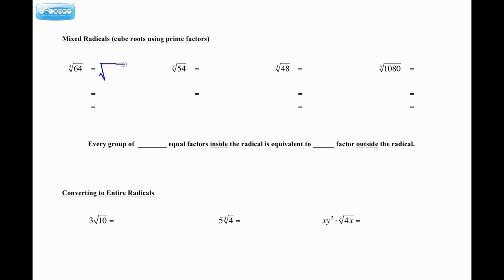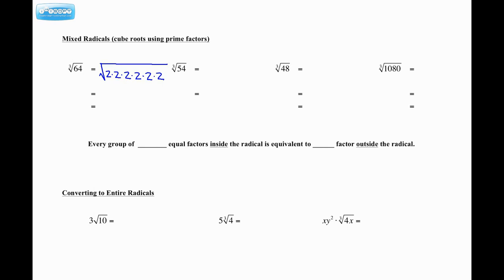If I break down 64 into all of its prime factors, you get 2 times 2 times 2 times 2 times 2 times 2. So 64 is in fact 2 to the power of 6.